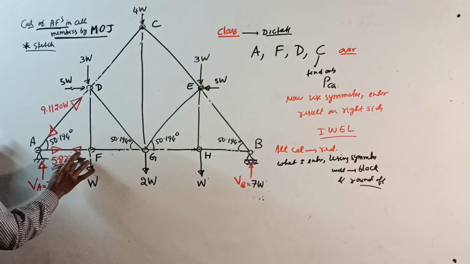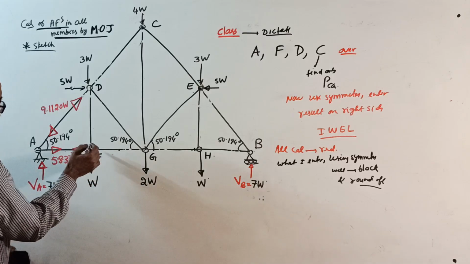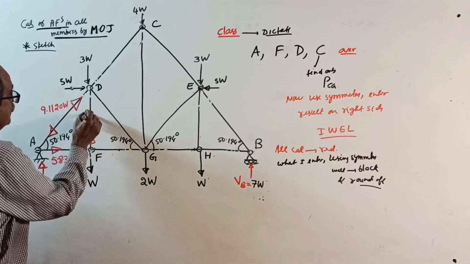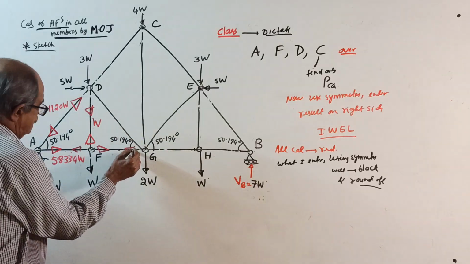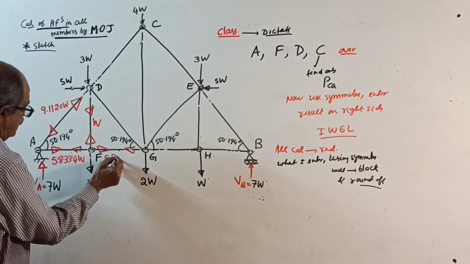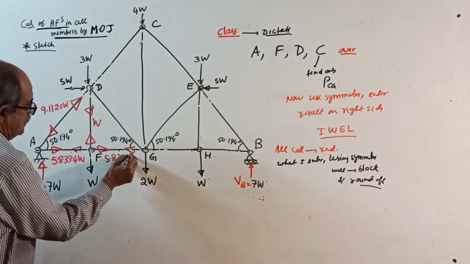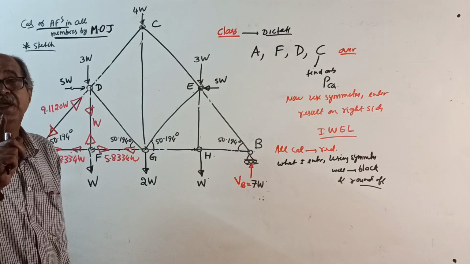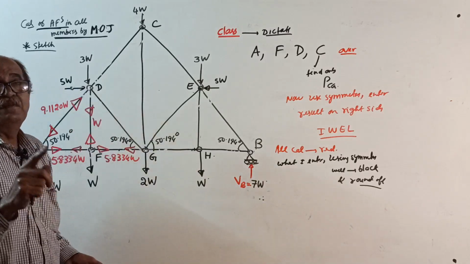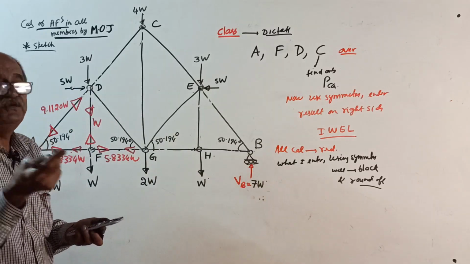This is an ink problem. What to do? Go to F. Now go to D. Be careful here. You will get a simultaneous equation, but I know another procedure.